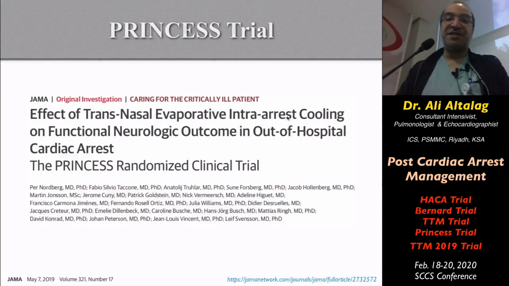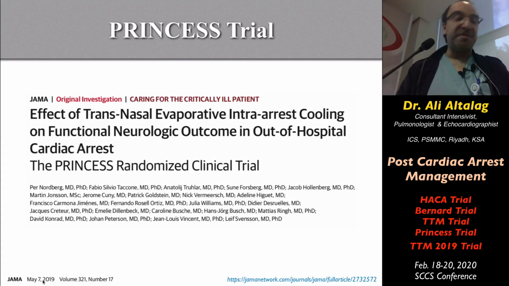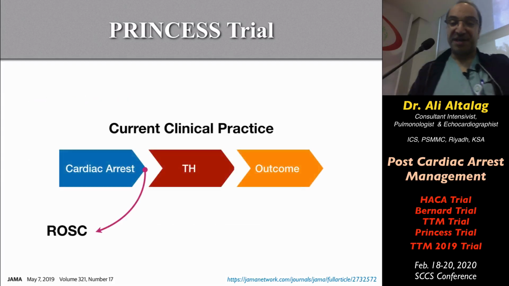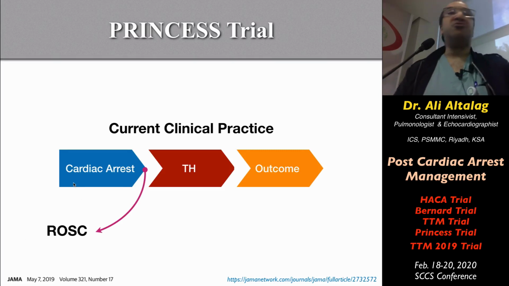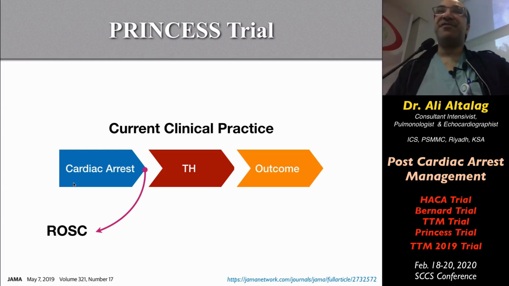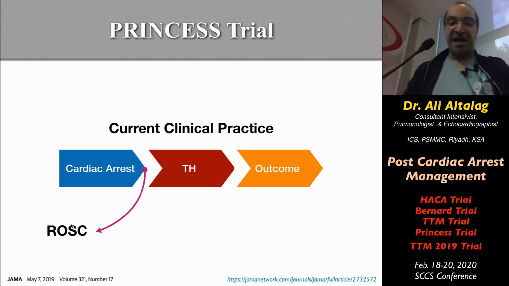Let's go over the Princess Trial that was published in mid-2019, last year only. It was a very nice trial, by the way. At that time, the current clinical practice, and probably until now, is to do CPR after cardiac arrest. When the patient has return of spontaneous circulation, the patient is taken to the ICU, and then there is a gap here, as you see.